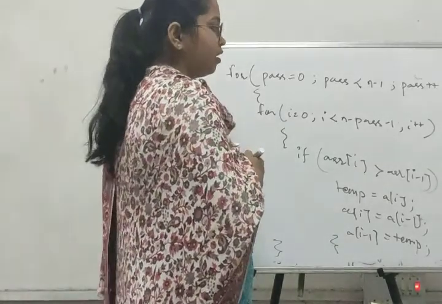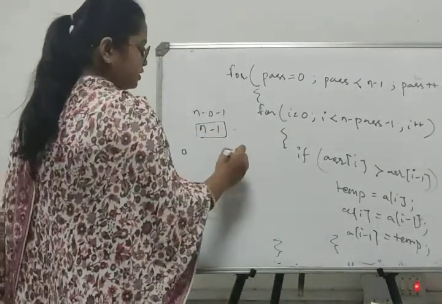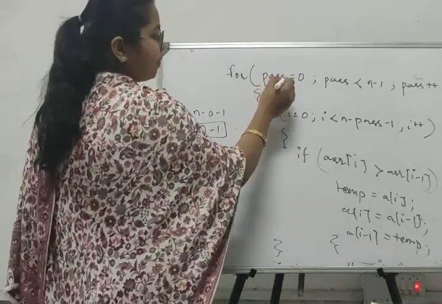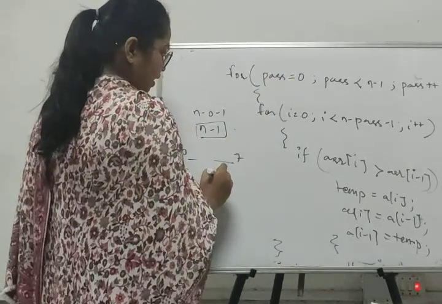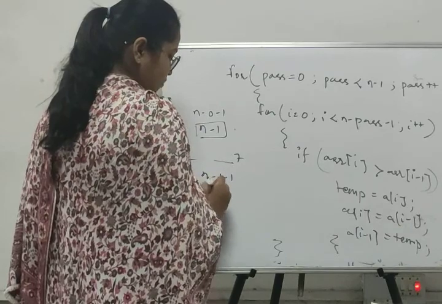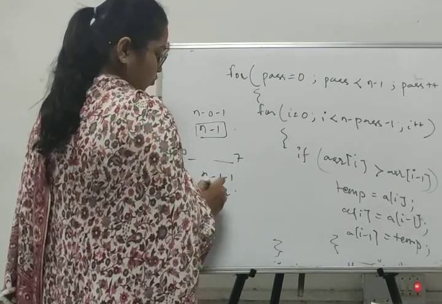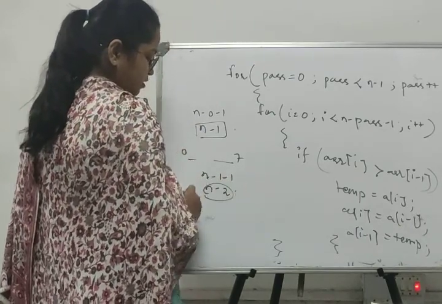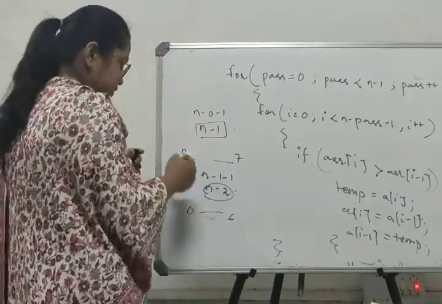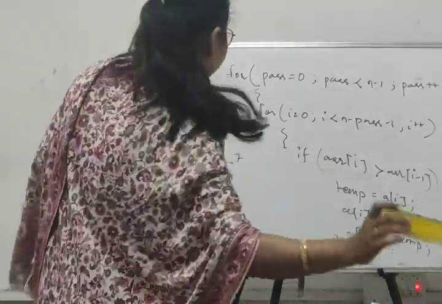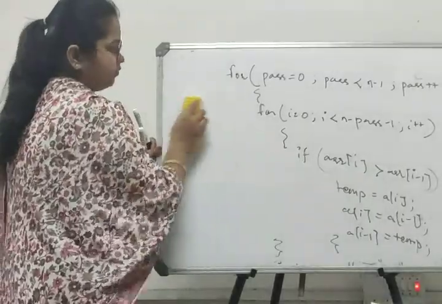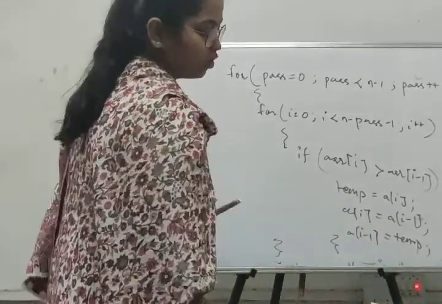We have to go till n minus 1, that is 0 to 7. When pass is 1, we have to go till n minus 1 minus 1, that is n minus 2, second last, 0 to 6. I think it is complying with the way we did the code. So this is your bubble sort.